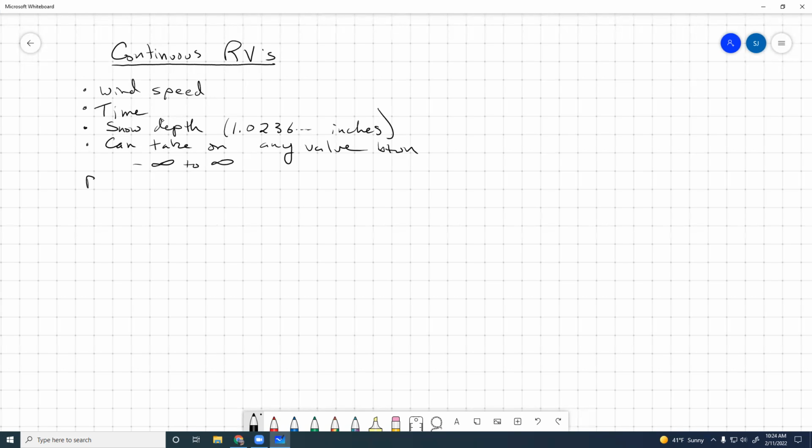And the challenging thing is, what's the probability for a continuous variable? What's the probability that x equals some particular value of x? If you think about it, what's the probability that we get 1 inch of snow? That's 1.00000000, right? So this ends up being 0. The probability of actually equaling something is 0.